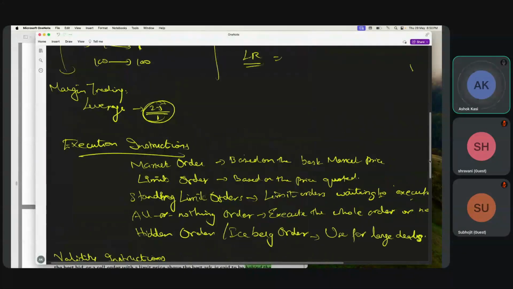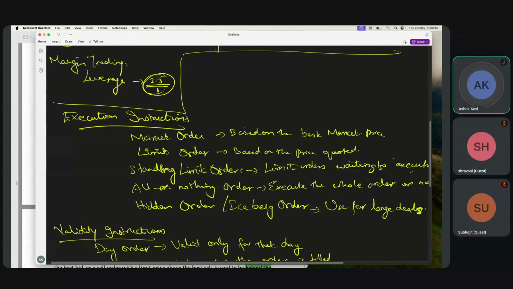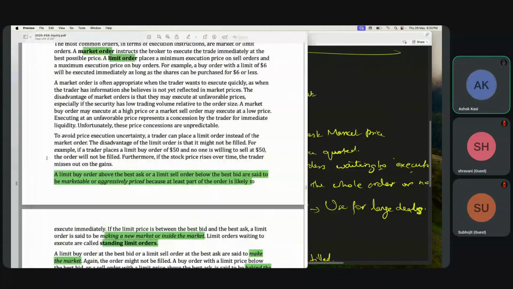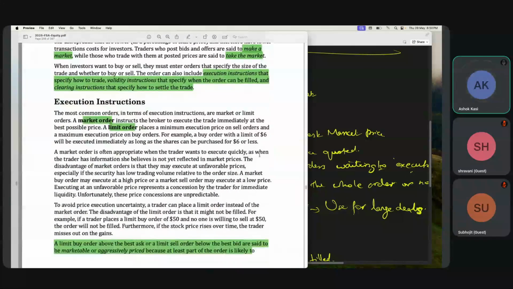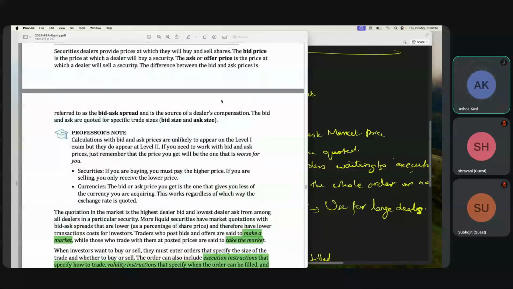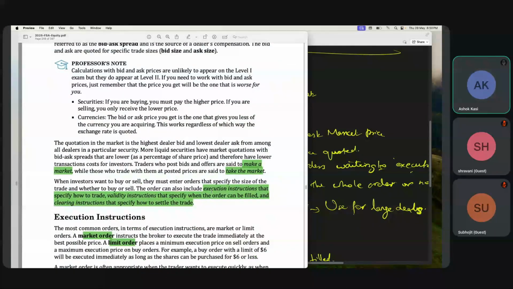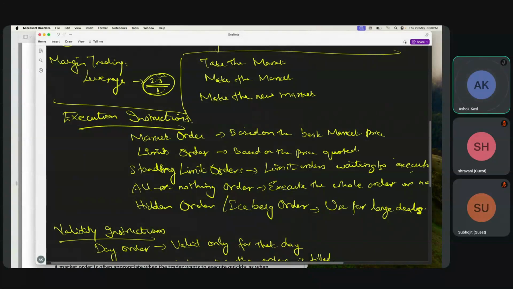Some other keywords are take the market, then make the market, then make the new market, then behind the market and far behind the market.